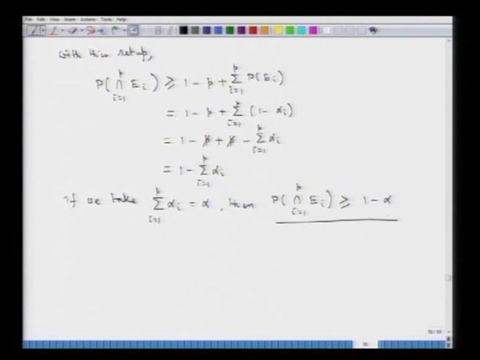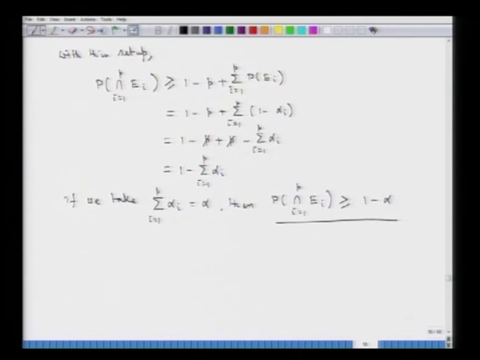This is the desired thing we are trying to ensure: that the joint coverage of all these parameters mu_1, mu_2, up to mu_p, given through these E_i random events, will be greater than or equal to 1 minus alpha if we restrict ourselves to summing these alpha_i quantities to be equal to alpha.